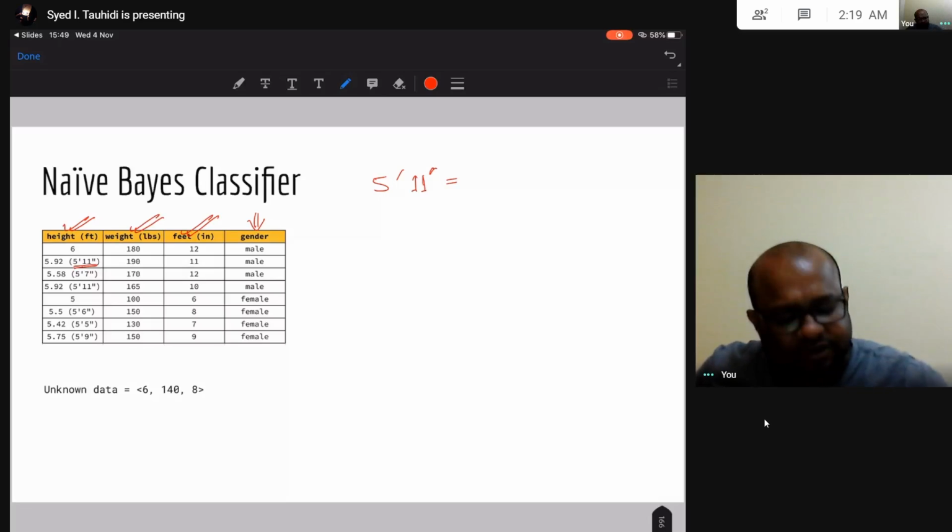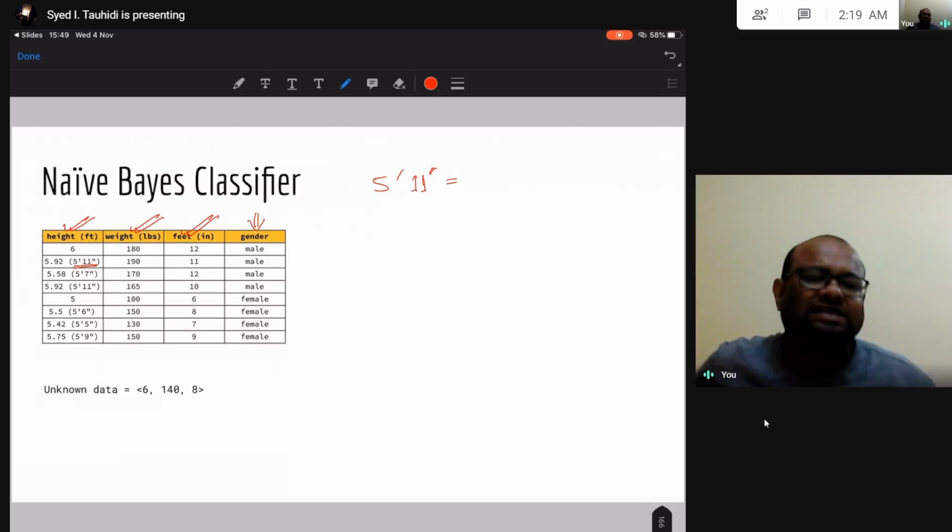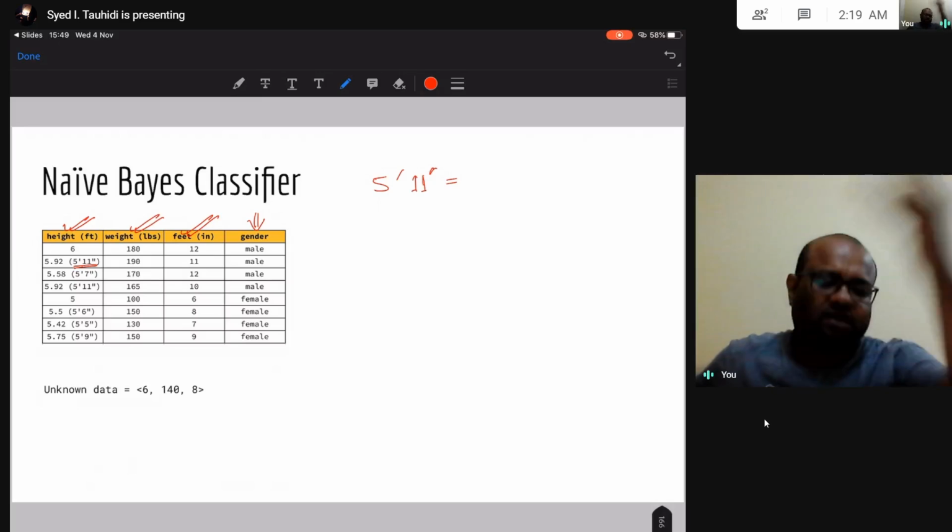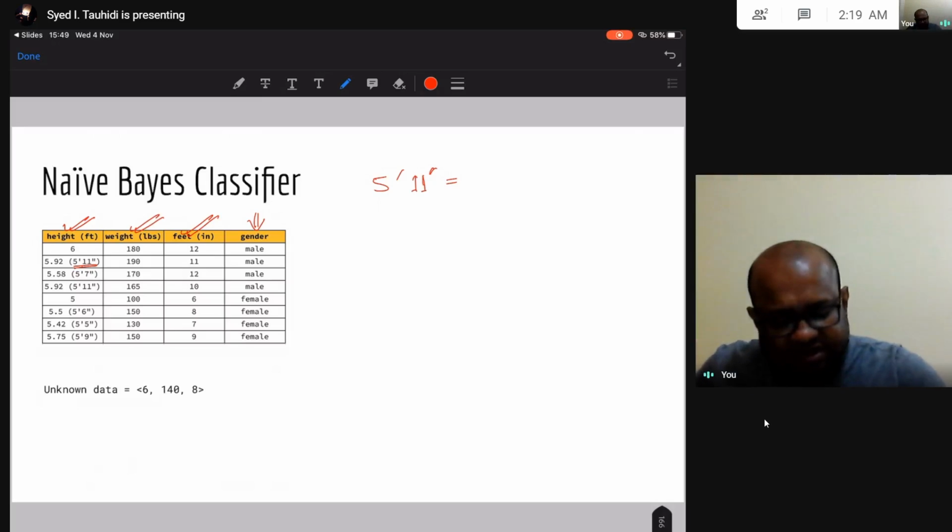But this is a mod 12 kind of thing. At least the inch is mod 12, while feet go infinitely in one direction. This is very problematic, so we have converted this into normal decimal form.